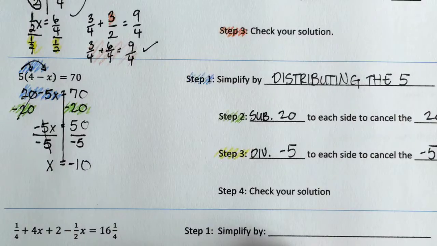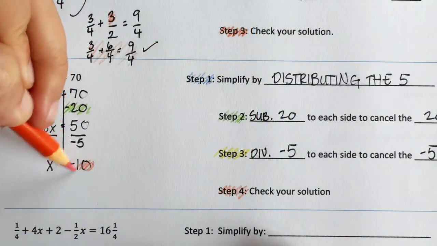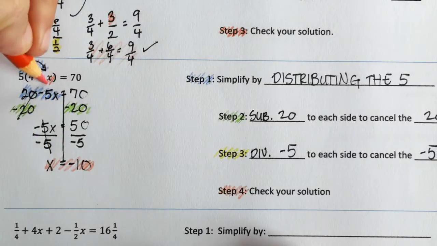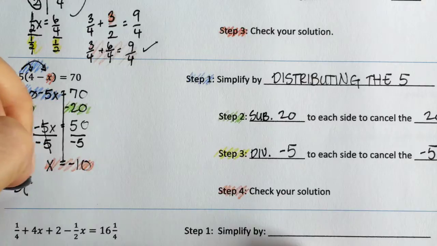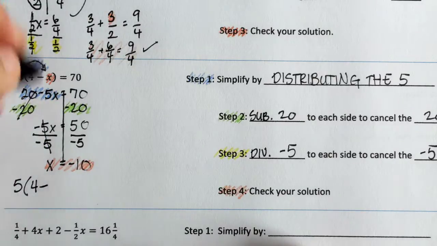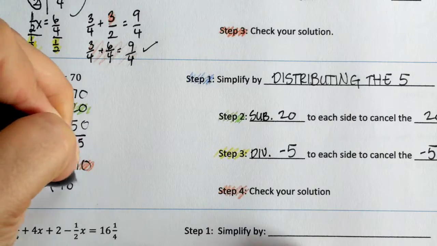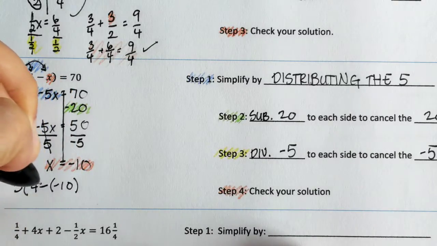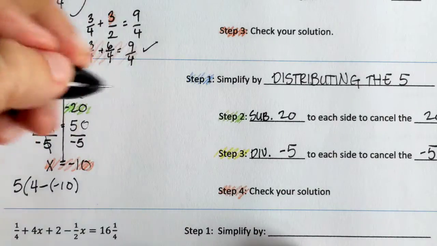Now we're going to check that solution. So we're going to check this solution here in this placement right there. So we're saying 5 times 4 minus, this is where things could get tricky, x is negative 10. So this is minus negative 10. Don't interpret that as your negative part of there, because that's outside the x there.